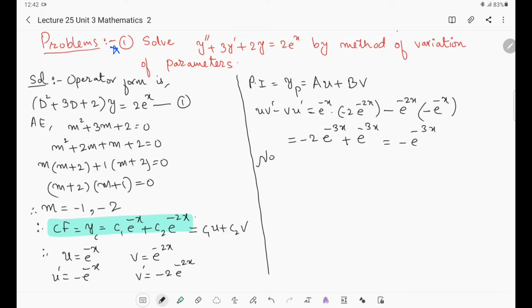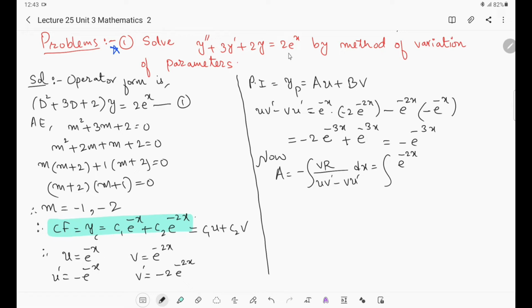Now what are a and b? In this equation, what is a? a is given by minus integral v r by u v dash minus v u dash into dx, which is equal to integral, what is v? v is e power minus 2x, and v into r.